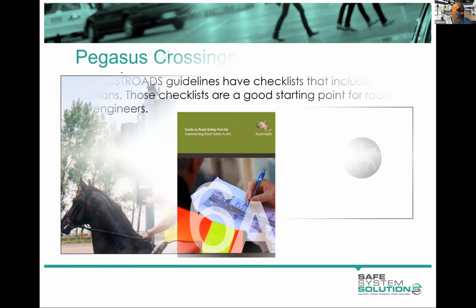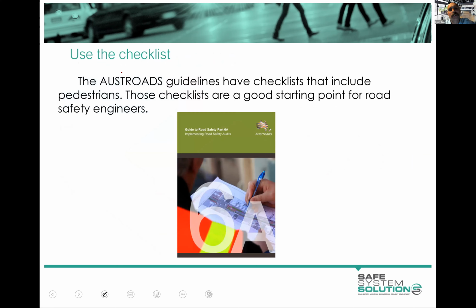Another thing for everybody to not get too concerned about, this prospect of auditing and the significant dangers that you could potentially miss. There's a few things. The Austroads Guide to Road Safety Part 6A, implementing road safety audits, has these things at the back called checklists.